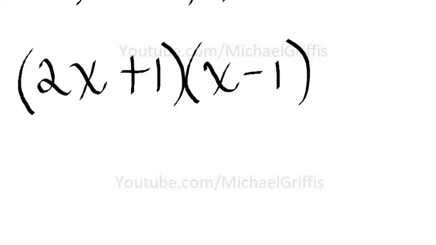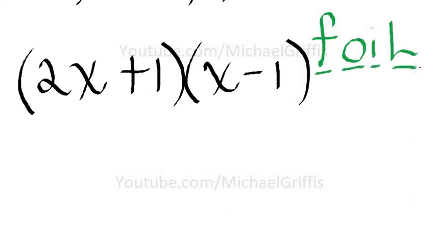Now there's a word you might have heard, and this word helps you to remember how to multiply these two polynomials. F stands for first, O is for outer, I is for inner, and L is for last. First, outer, inner, last. What are they talking about?